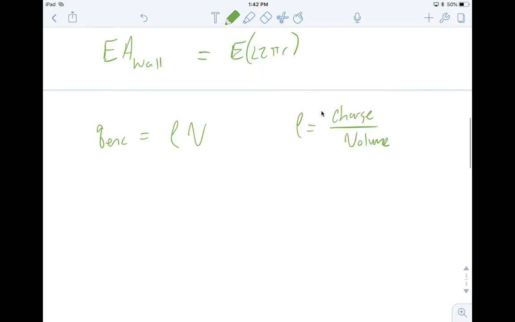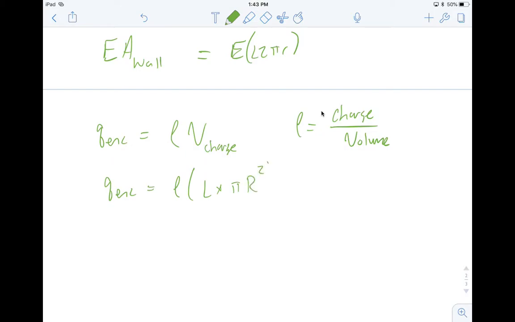So that's the volume of the piece of charge. We have Q enclosed equals rho times the volume of a cylinder, which is the length times pi big R squared in this case.